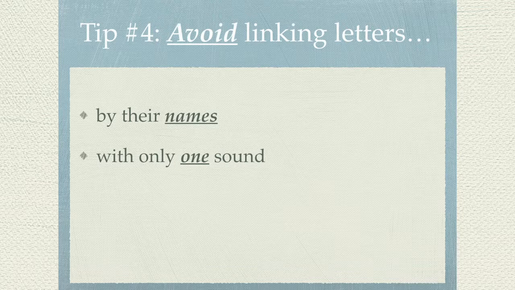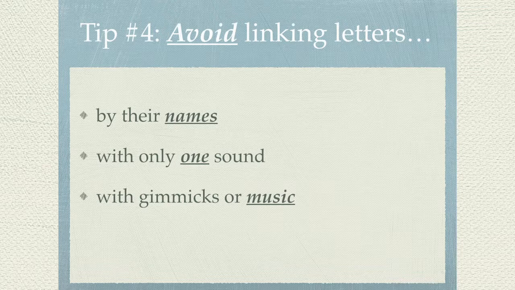Another erroneous method that is used is to teach the linking of the letters with sounds using pictures or stories, music, or other gimmicks. Our goal in teaching reading is for the child to have an instant recall of the sounds associated with the symbol. Instant recall. And when we start bringing in stories and other little picture cues and things like that, what's happening in the brain is the brain is sidetracked from instant association.